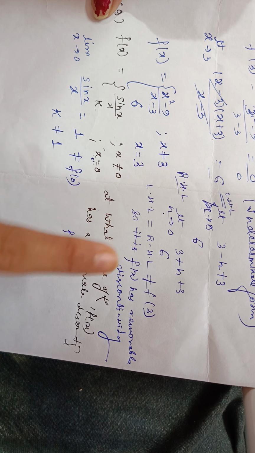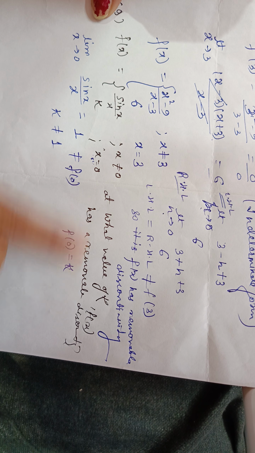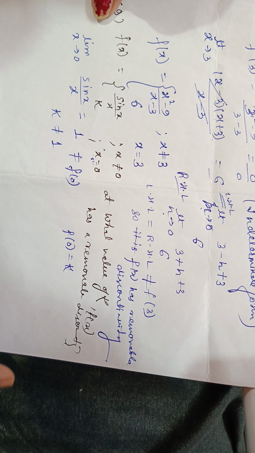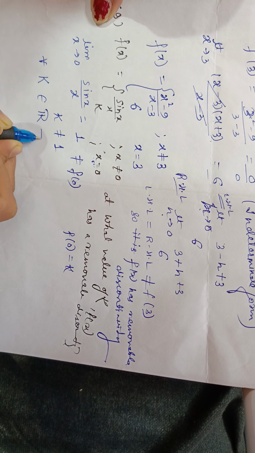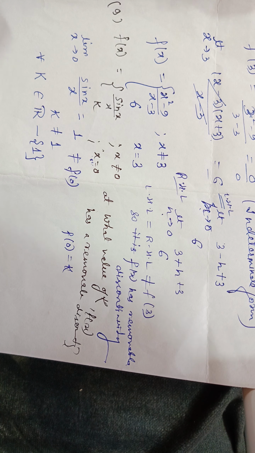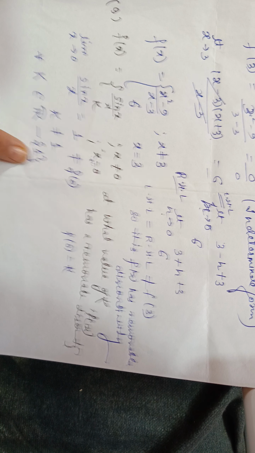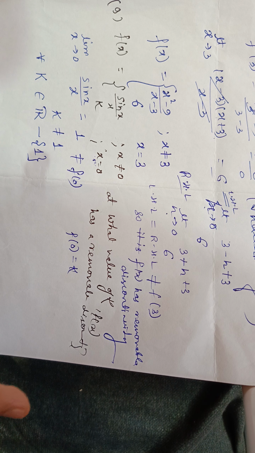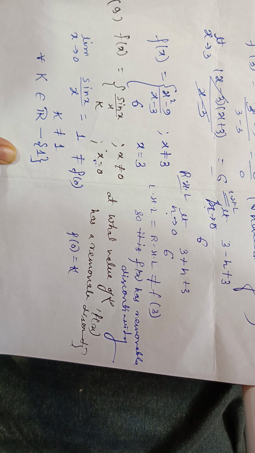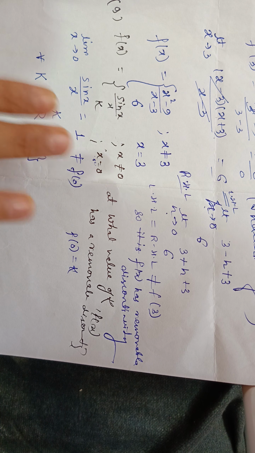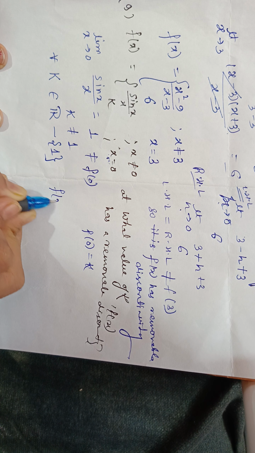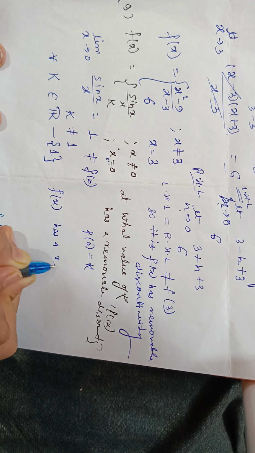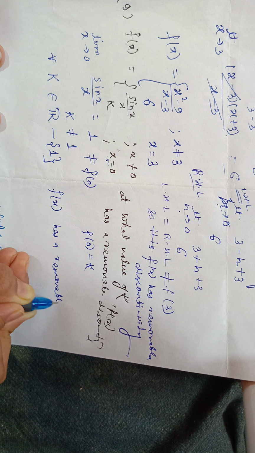So at what value of k will f(x) have a removable discontinuity? That is for all values of k belonging to R minus {1}, like 1 is not going to be allowed, okay, so all the real numbers except 1 will be the value of k. In this way we can say that f(x) has a removable discontinuity.